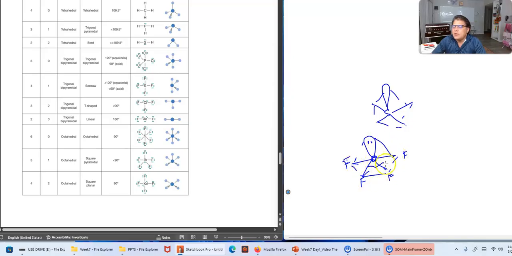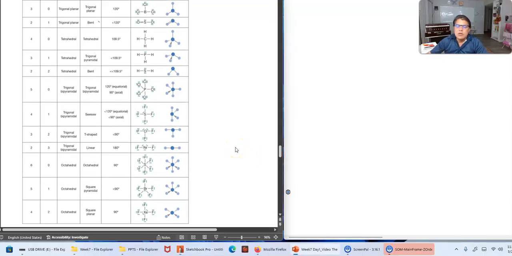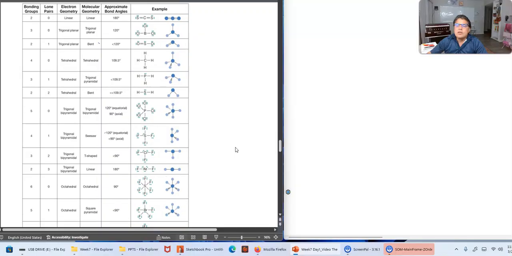So this is the trigonal bipyramidal. So with this lone pair, the seesaw is its structure. Seesaw is the molecule's geometry, and the electron cloud will be trigonal bipyramidal. So lots of examples are given here. You can see, and I have posted these on the Canvas also. You can take from there.